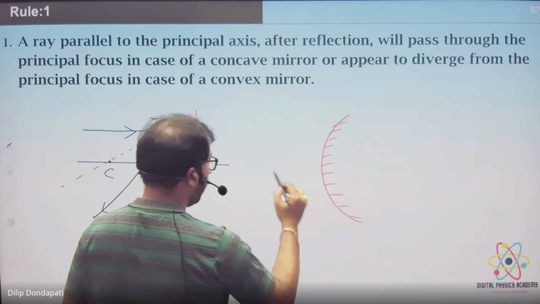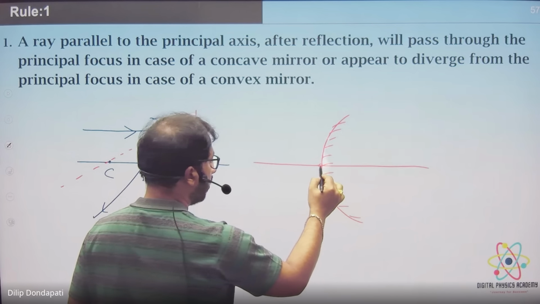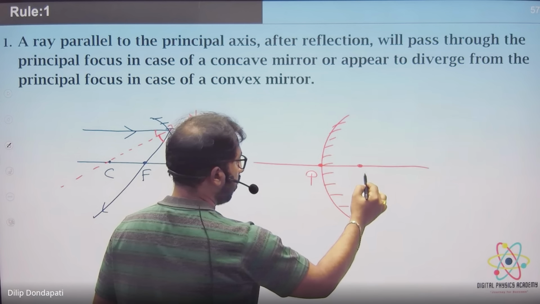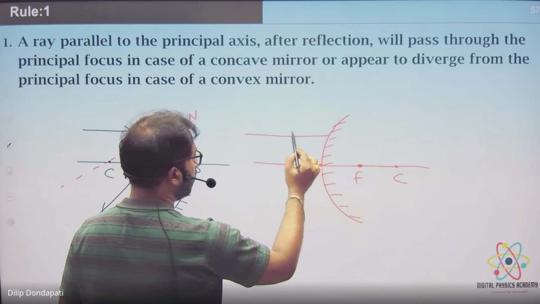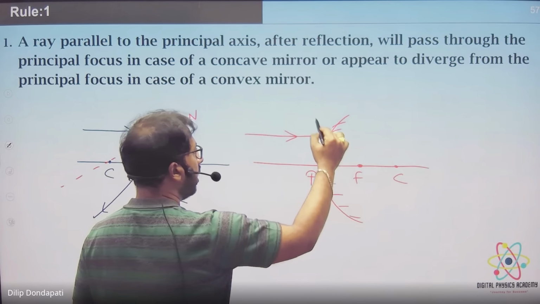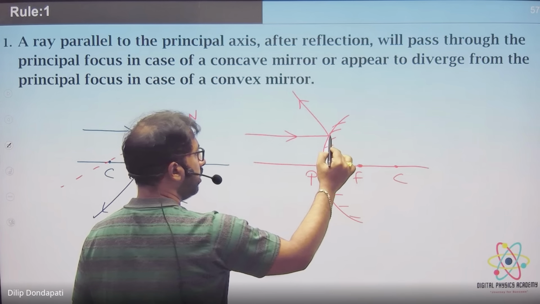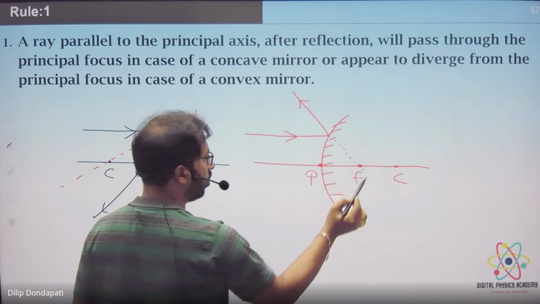Okay, draw the convex one also. Same thing: principal axis, pole, focus, centre of curvature. So when the incident ray is parallel to the principal axis, after reflection it will diverge, or appear to diverge; if I extend it backwards, it passes through the focus.